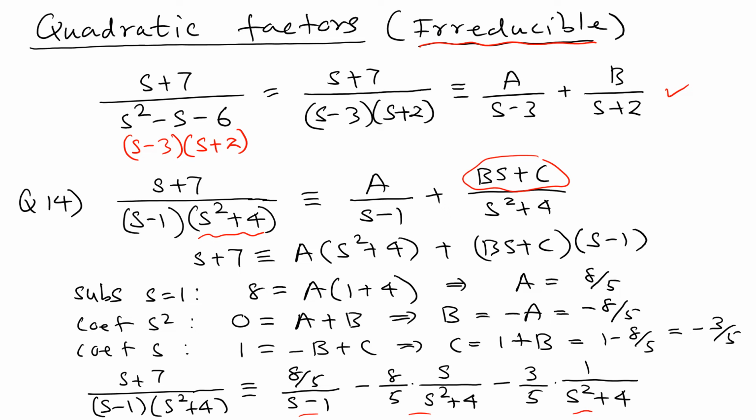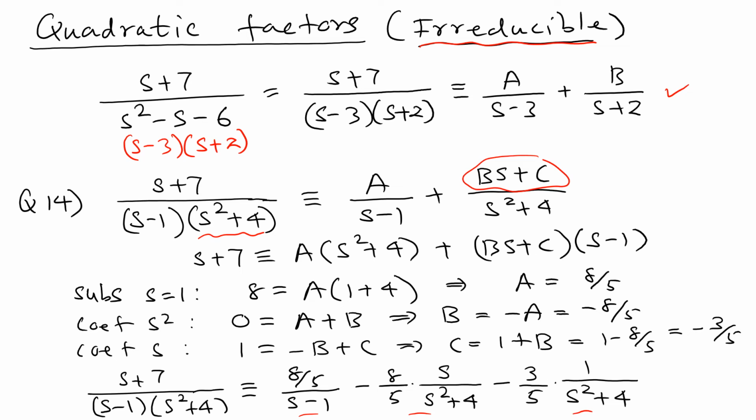The first one, if you look at the inverse, gives you the e to the t term, the second gives you the cosine term, and the third gives you the sine term. It will be clear when you do the problem in the inverse Laplace transform video. So that is how to find the partial fraction for this one.